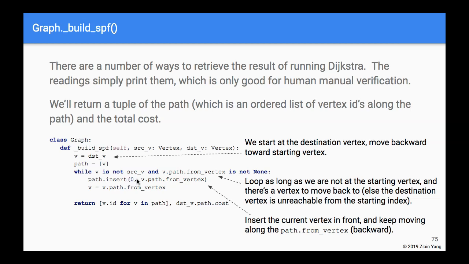Rather than using append, I insert it in the front of the list so that I don't have to do a reverse at the end, because again, this is going backwards. Anyway, when we're done, we'll return the IDs for all the vertices in this path, along with the total cost of the path.